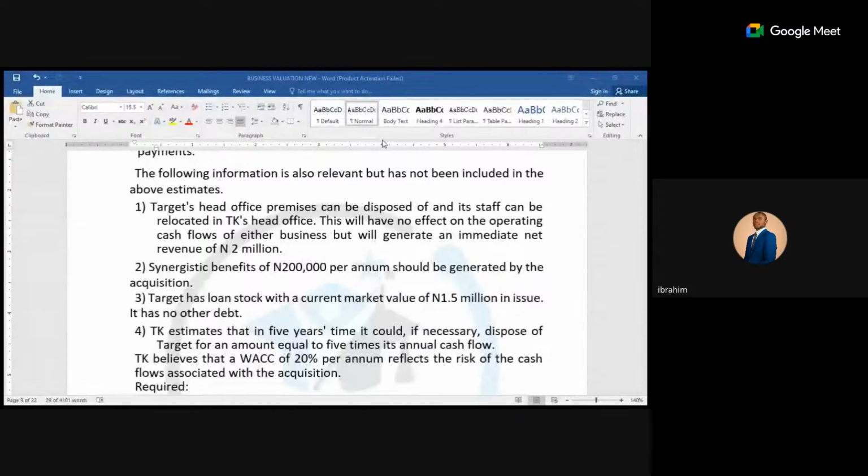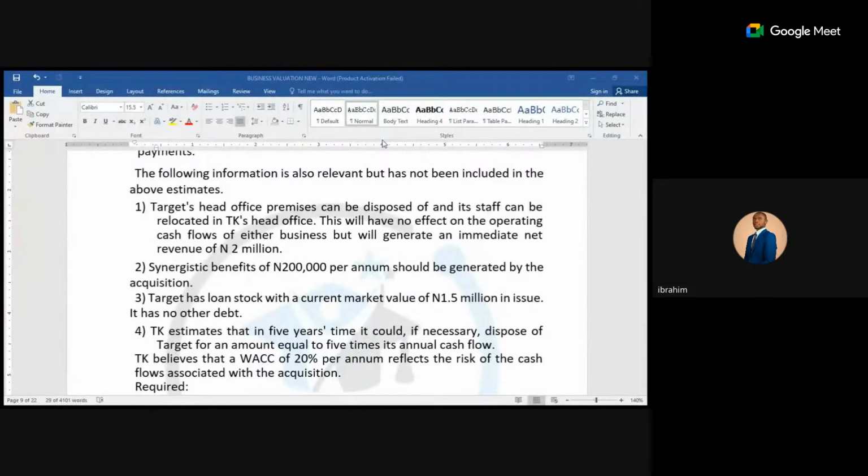Meaning that if I acquire Target company now, I can sell it in 5 years' time, at the end of 5 years, for an amount equal to 5 times its annual cash flow.